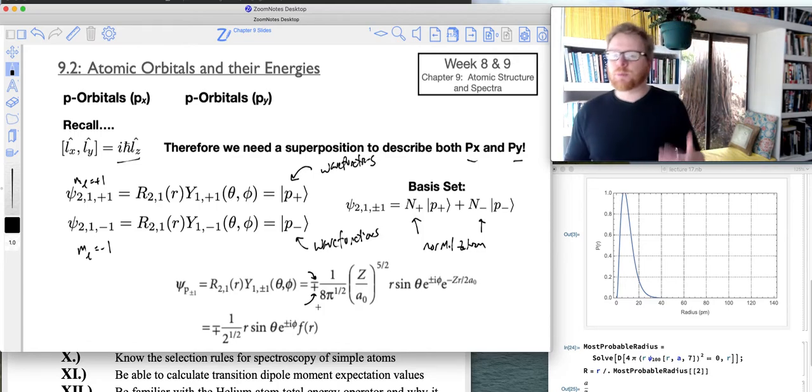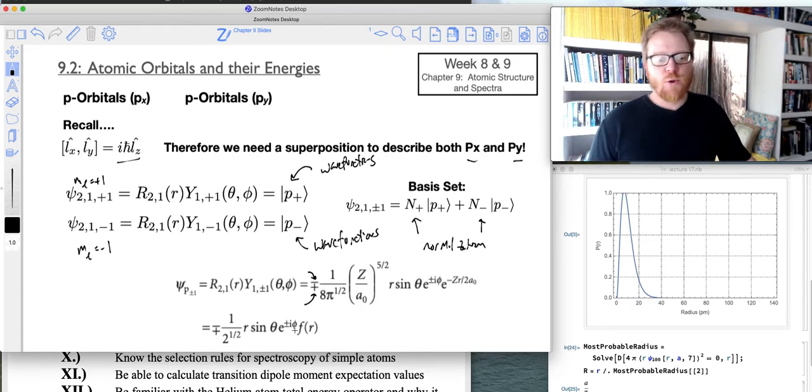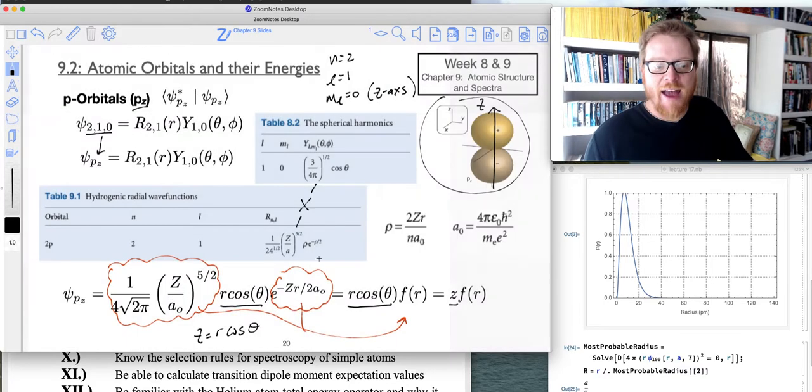With some algebraic manipulation, you can rearrange this equation to be minus or plus 1 over root 2, r sine theta, e to the plus or minus i phi, f of r. And that f of r is the same f of r from right here.